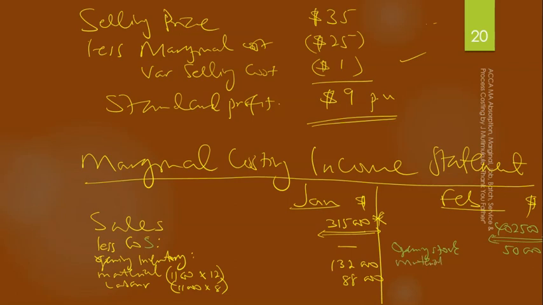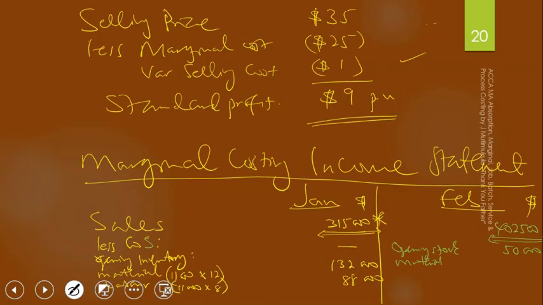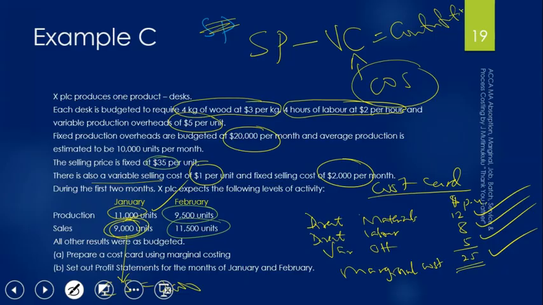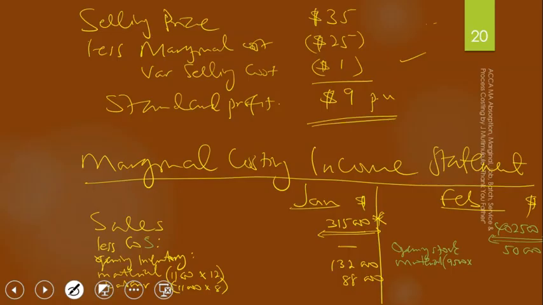We produced how much? We produced 9,500, so we just have to slot in 9,500 multiplied by the cost of materials, which we determined earlier, that's $12. So that's 9,500 multiplied by 12.